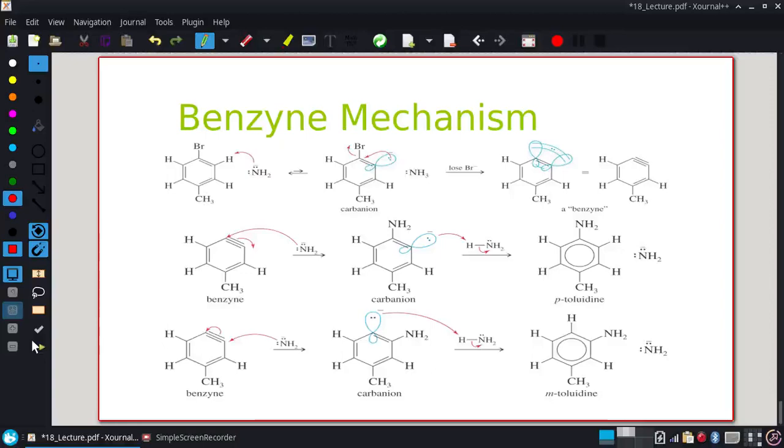The benzyne then gets attacked by another NH2, and that NH2 could attack on either side of that triple bond. And then the ammonia in there is what creates the proton that goes back on there. But that gives that possibility that NH2 to be in two different locations.